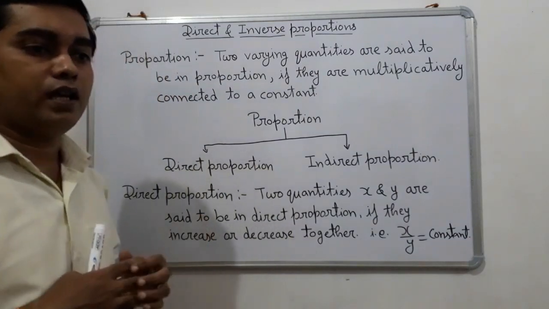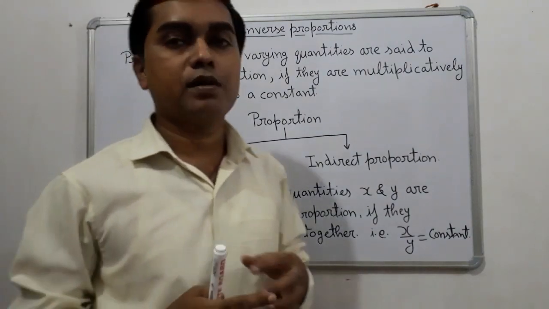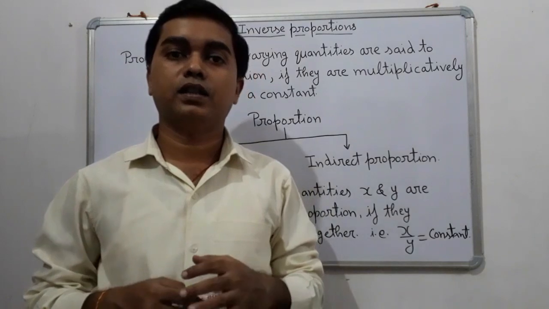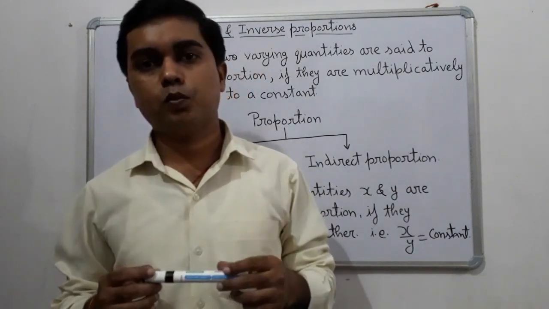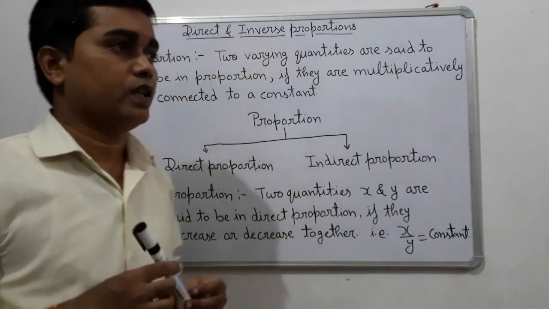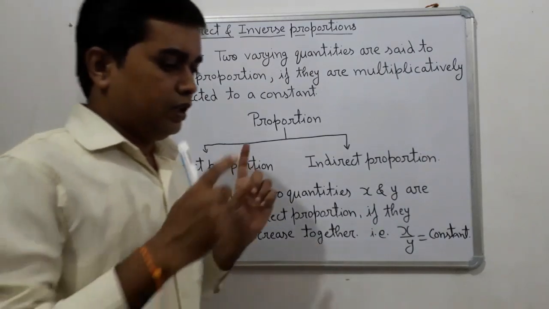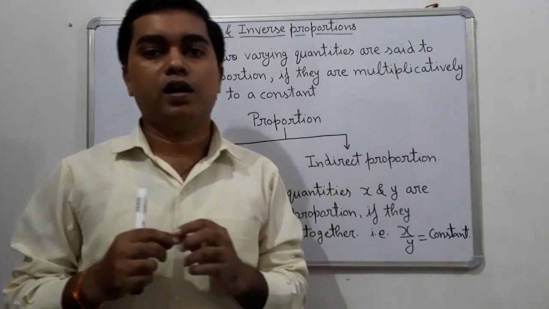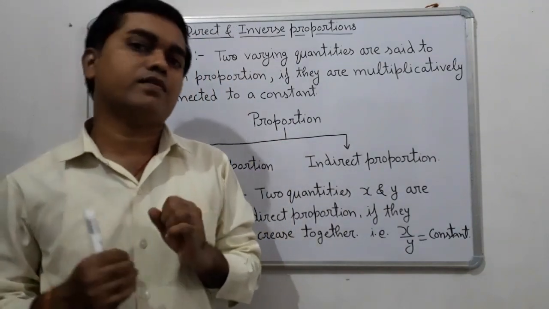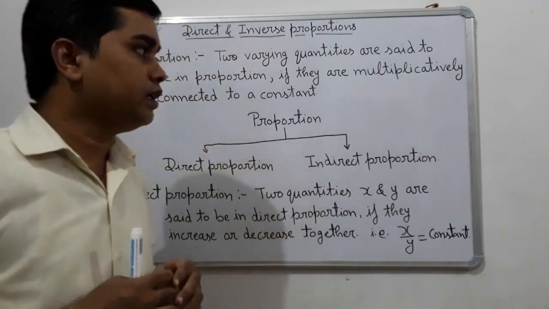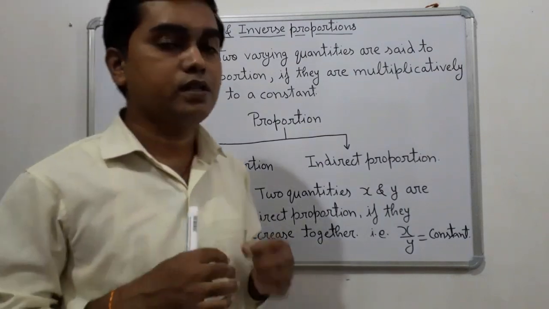And similarly, if you are taking 5 kilogram of sugar, then you will pay 30 into 5, means rupees 150. So what are you seeing here? Here, if the quantity of sugar is increasing, then the price is also increasing.